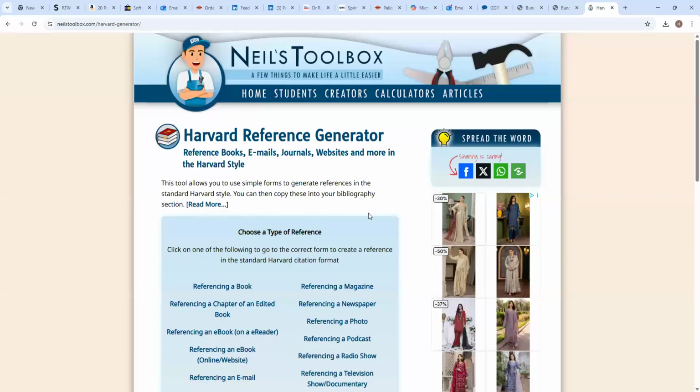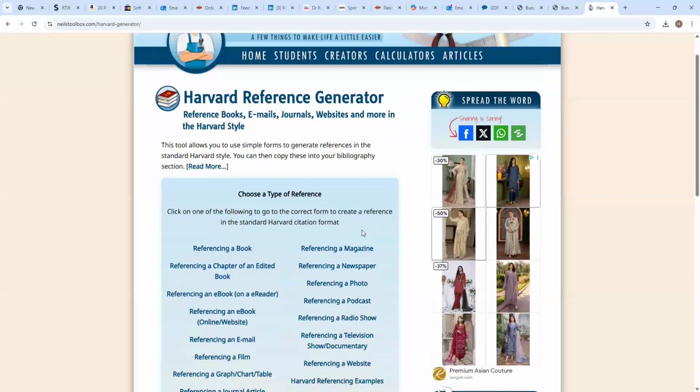so let me just show you this. It's called Neil's Toolbox. It's just here. You just put in Neil's Toolbox, and this is called a reference generator. It looks at elements of referencing a book, referencing books, and referencing internet sources.